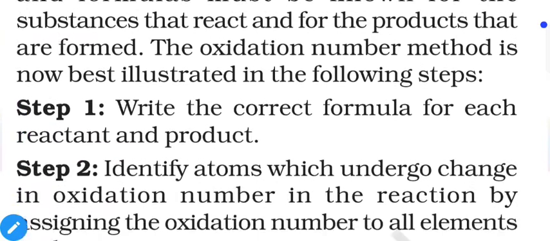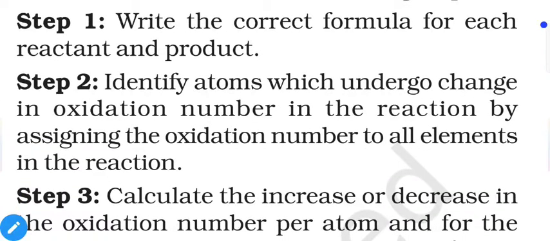Now let's discuss the step-by-step method. How can we balance the chemical reaction? First let's discuss the steps, and then we will apply those steps in an example so that we can learn properly. The first point is, write the correct formula of each reactant and product.